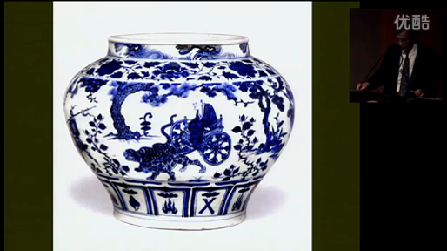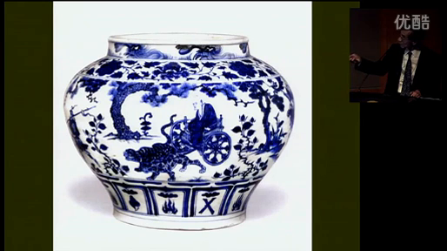Now, I'm going to just touch on a couple of points about the decorating of blue and white porcelain. You can see most blue and white porcelain of the 14th century, the decoration is done in registers, starting usually at the bottom with lotus petals, which is derived from the pedestal of Sino-Tibetan Buddhist statues, and then you have some sort of border decoration.